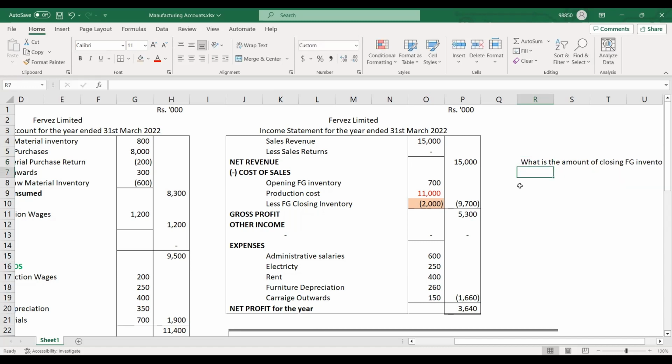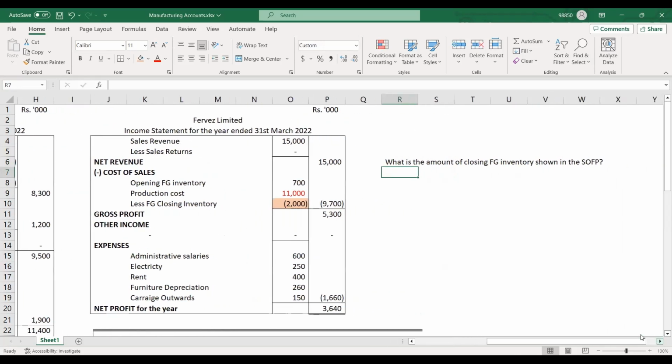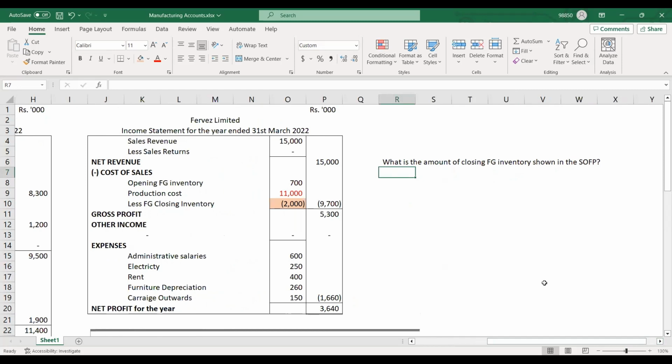What would you say? Let's assume there's a small part B question under this one, and it says, what is the amount of closing finished good inventory shown in the statement of financial position? What would you say? What's the closing inventory amount?